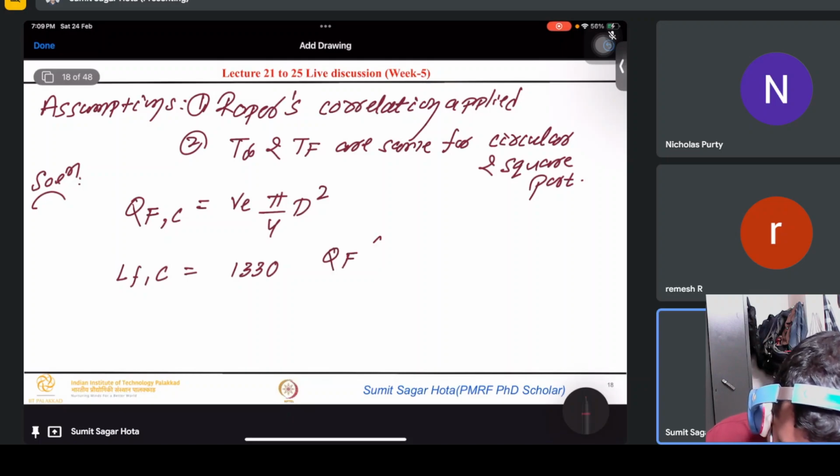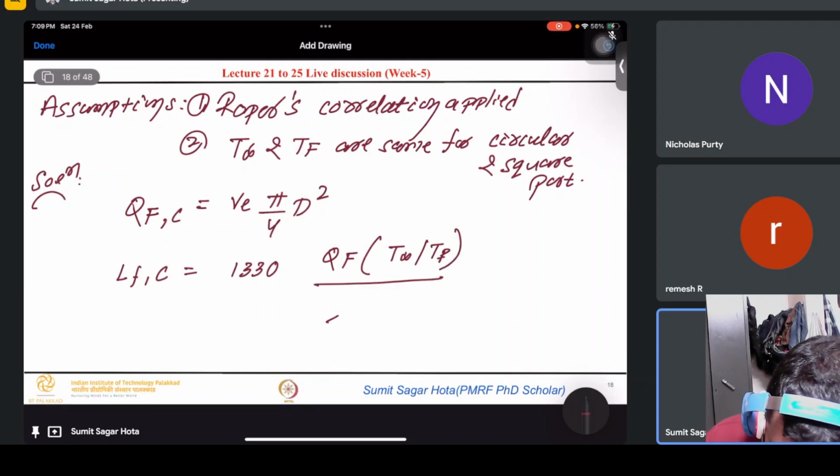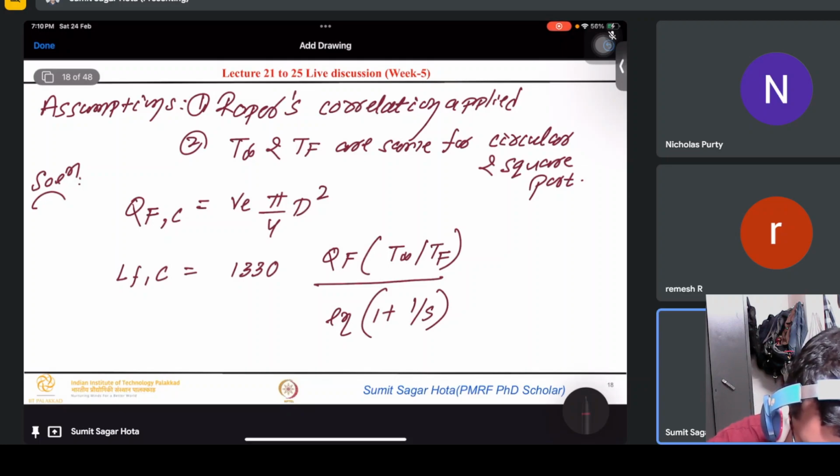The formula is infinity by D_F, capital F for the fuel, small f for the flame, ln of 1 plus 1 by S. Yes, S is 4.76 times A.